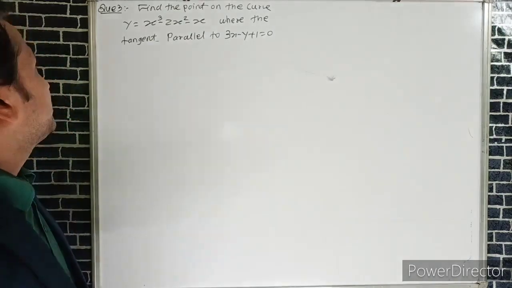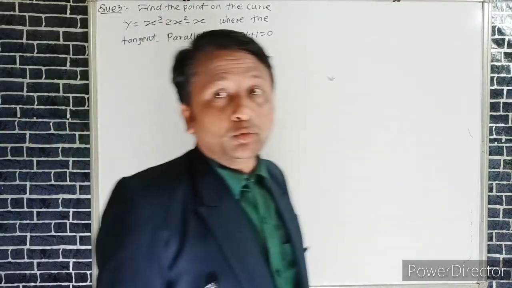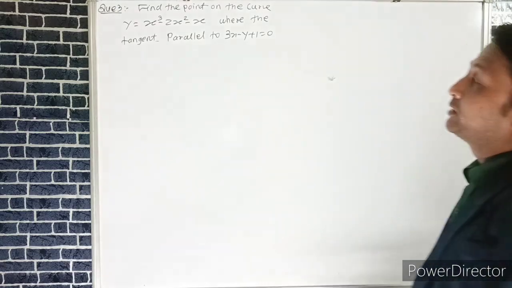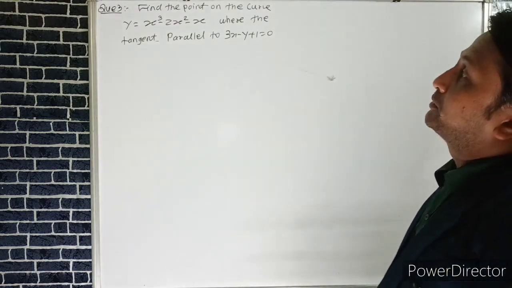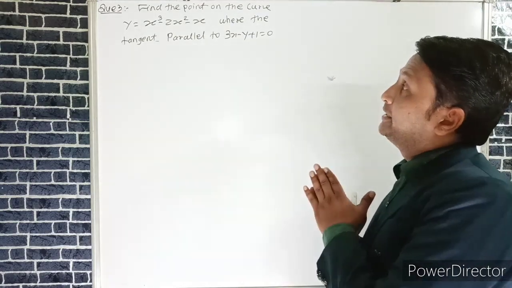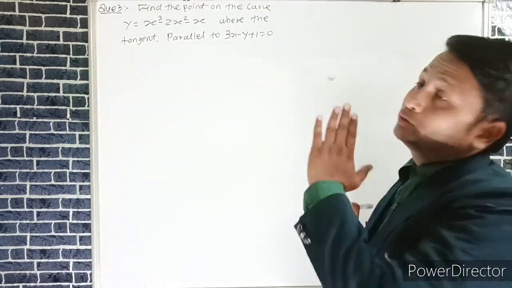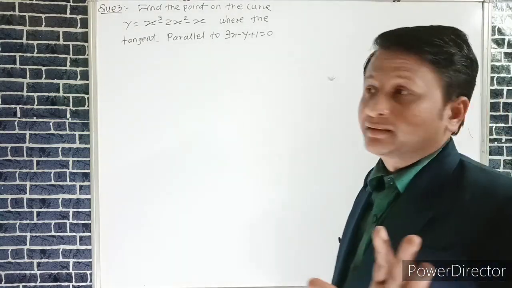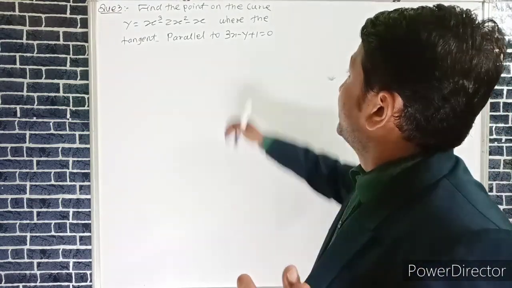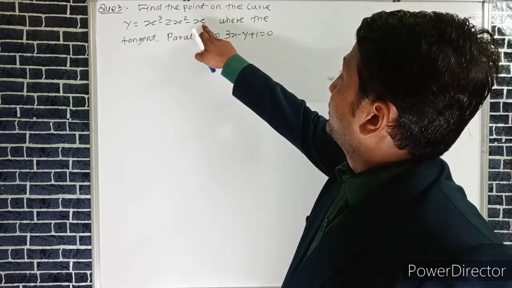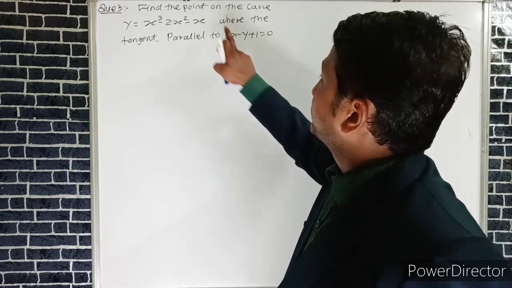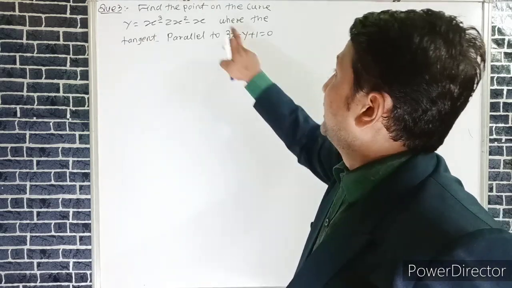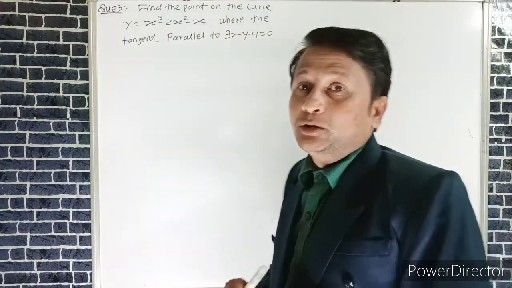So again, question number 3 is similar to question number 2. Here we have to find the point on the curve y equals x cube minus 2x square minus x, where the tangent is given parallel to the line 3x minus y plus 1 equals 0. It is simple. First, the slope of the curve and the slope of the tangent are the same because the tangent and the curve are parallel to each other.